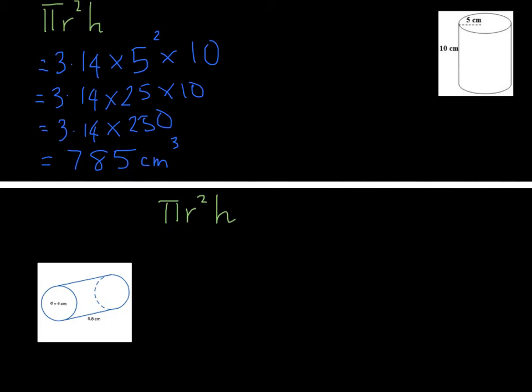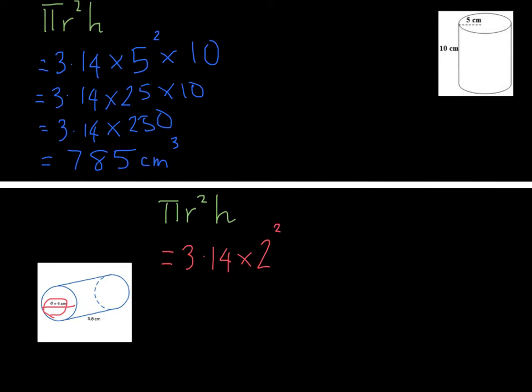For the second cylinder, you can see that we can simply put the values into the formula as well. So pi is 3.14 times by the radius squared. You can see that we are given the diameter. The diameter is 4, that's the whole distance across the circle, so we need to halve it. So 2 is the radius.